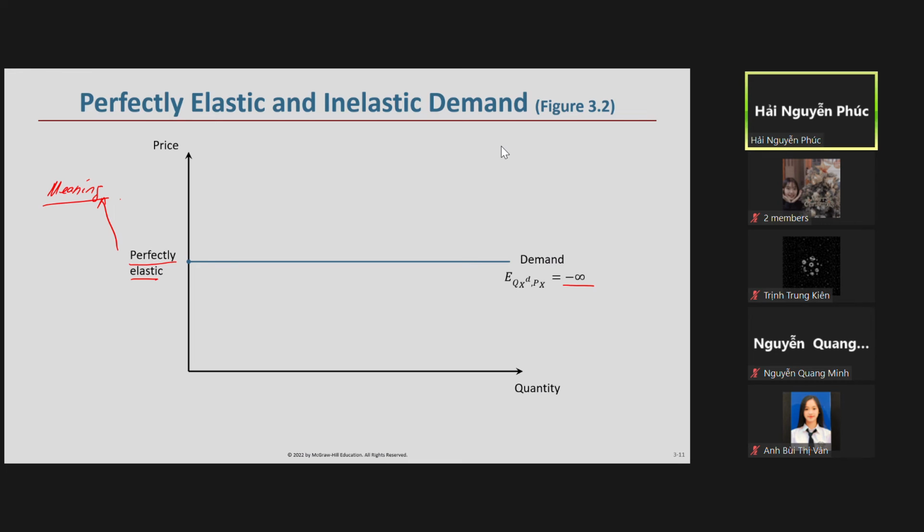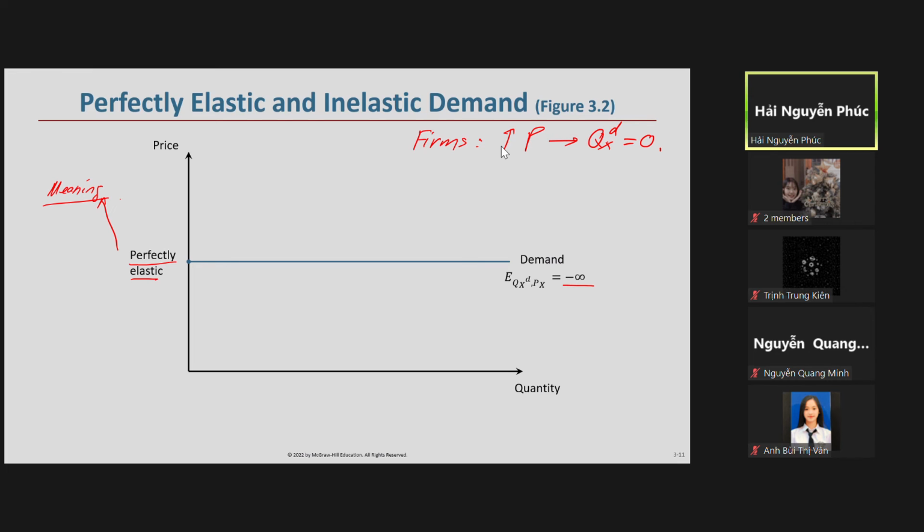Let's take an example to make it simple. If the firms increase the price, then the quantity demanded will decrease to zero. They will sell nothing.